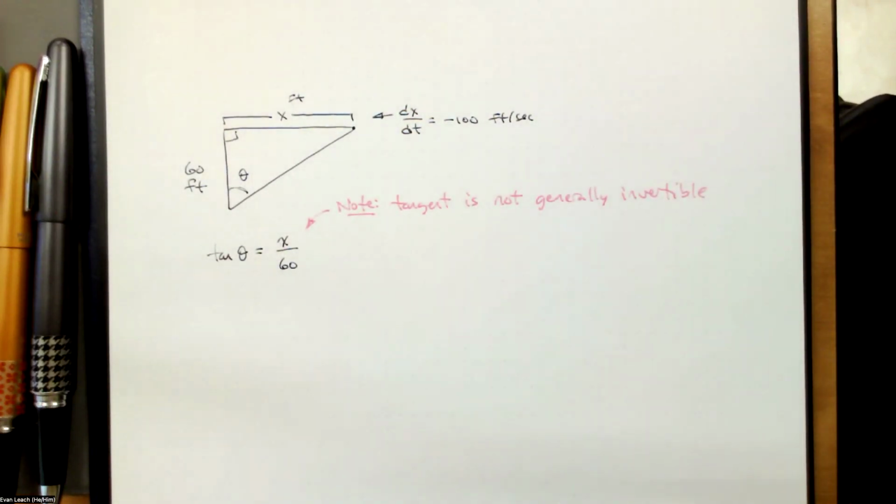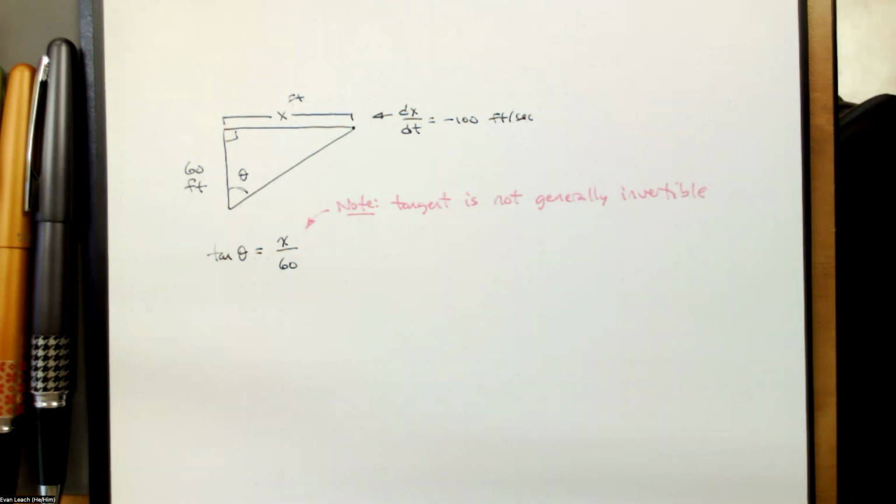So we should note that tangent is not generally invertible. If I tell you the tangent of theta is something, unless there are other specific conditions that tell you that theta will be between negative pi over 2 and pi over 2, we can't just take tangent inverse of both sides. Just like if I said x squared is equal to some number, you can't just square root both sides. x squared is not invertible.